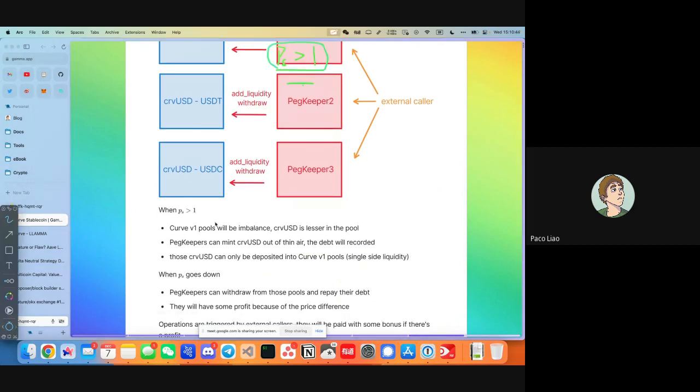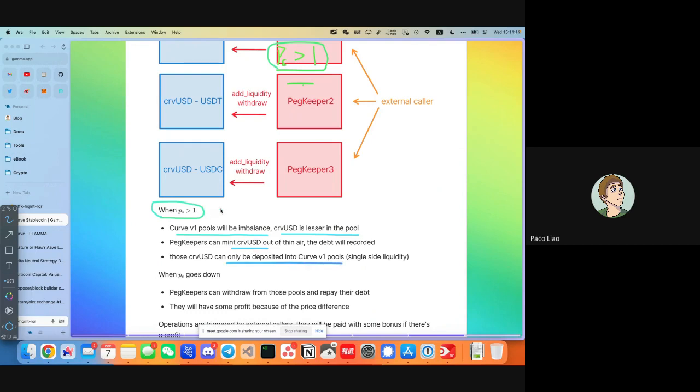When the Curve USD price is greater than 1, normally the V1 pools will be imbalanced, and Curve USD is lesser in the pool. So peg keepers can mint Curve USD from thin air, but the debt will be recorded. And all the minted Curve USD can only be deposited to those Curve V1 pools.